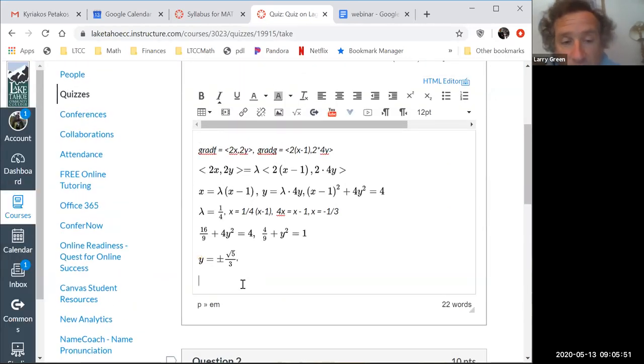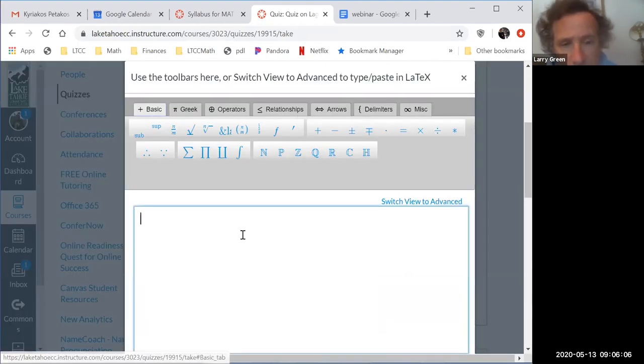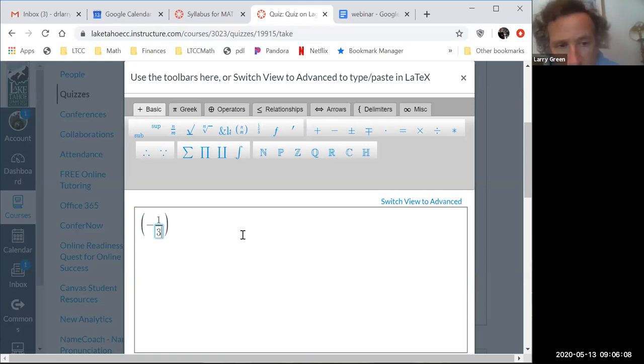So that means our critical points are at, again, x was equal to -1/3. So we get (-1/3, square root of 5/3).